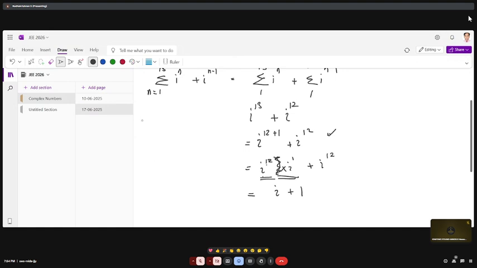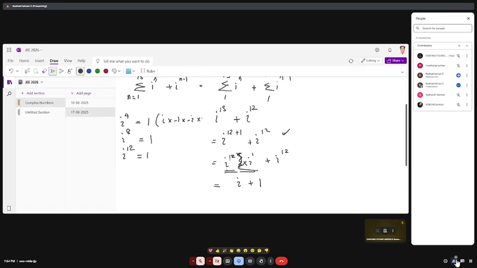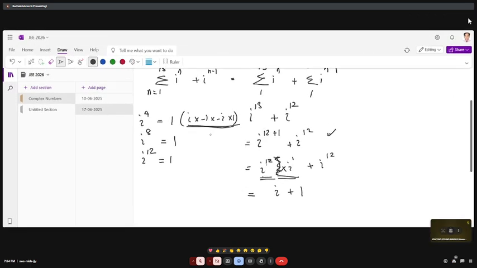And i to the power of any multiple of 4 is equal to 1. Why? Because if you take the 4 consecutive ones, i into -1 into -i into 1, if you multiply these 4, it will become 1.